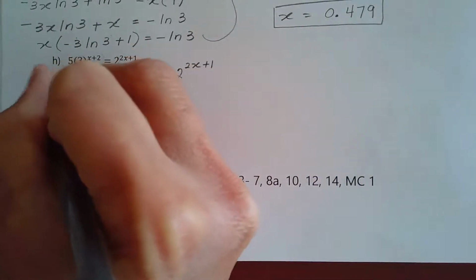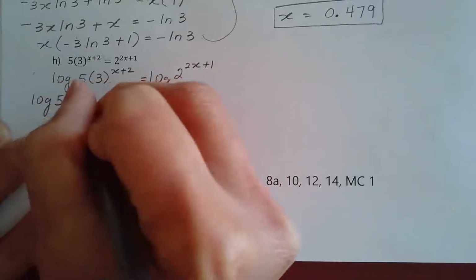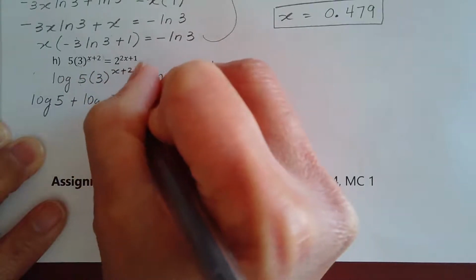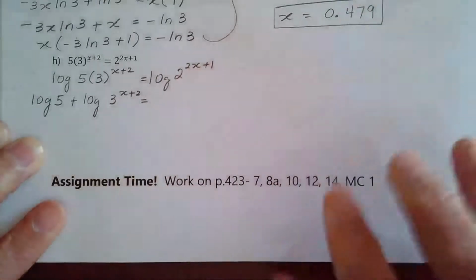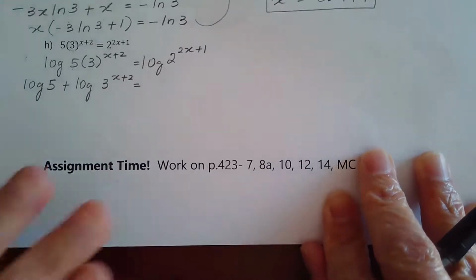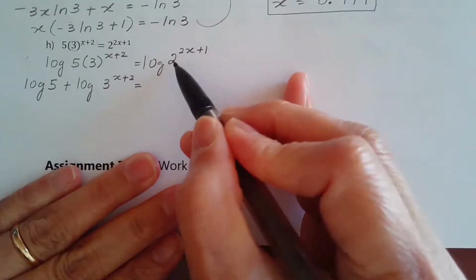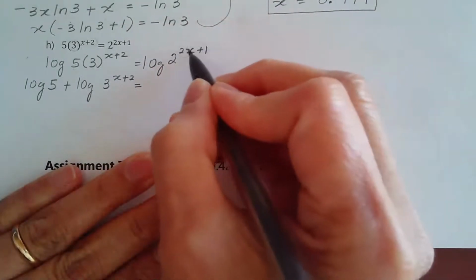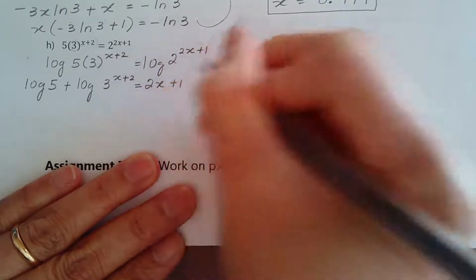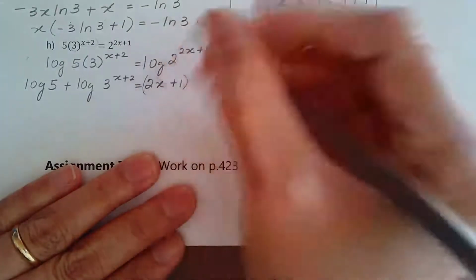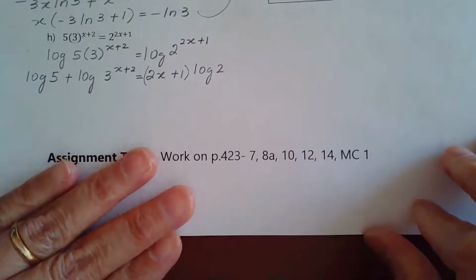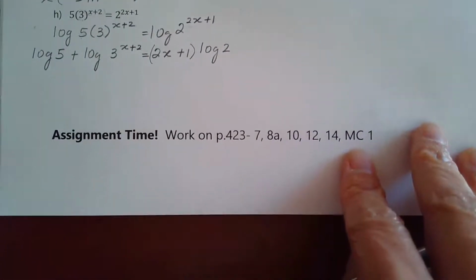So that becomes logarithm of 5 plus log of 3 to the exponent x plus 2, splitting them into the sum of the logarithms. And then this part, we can take this exponent and bring it to the front of the logarithm of 2. So 2x plus 1 all has to be multiplied by log 2.